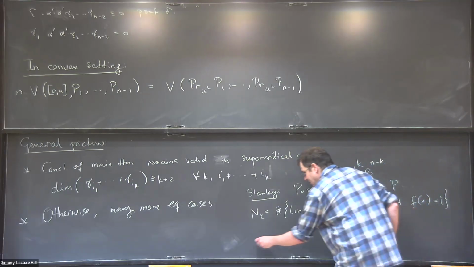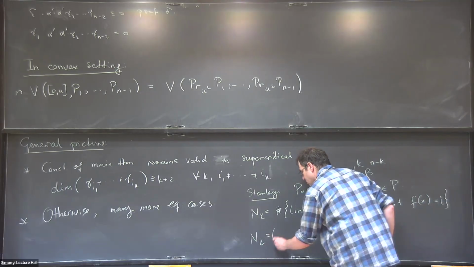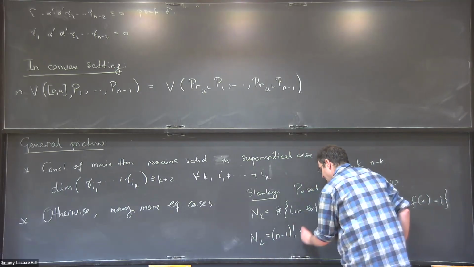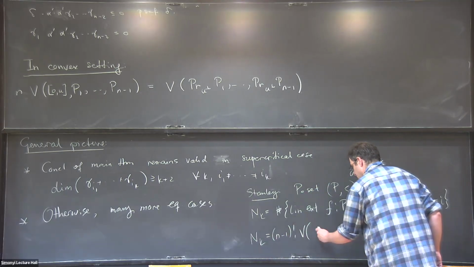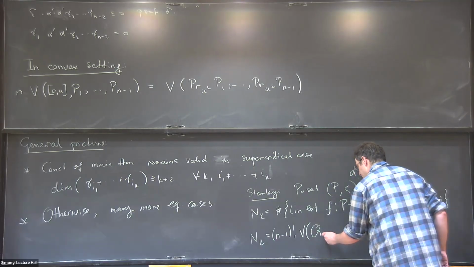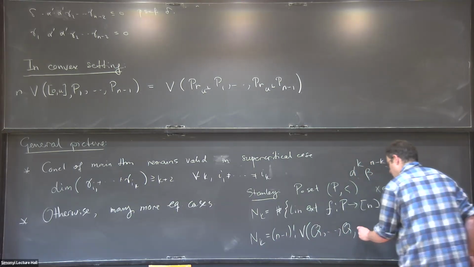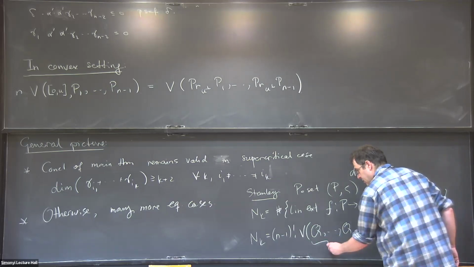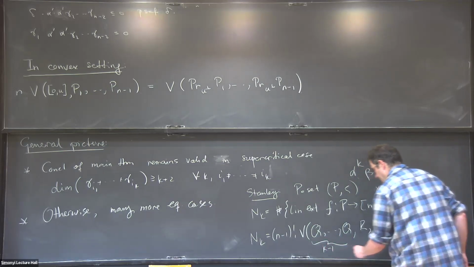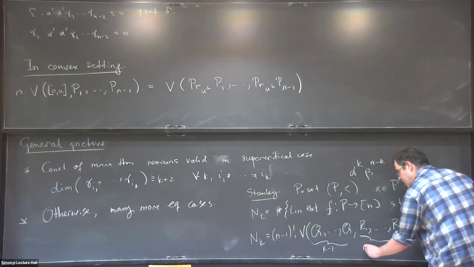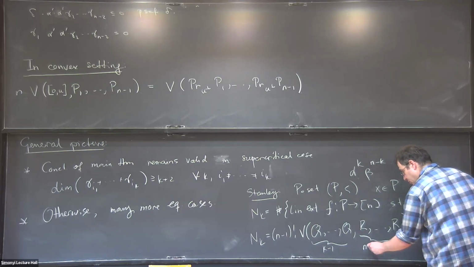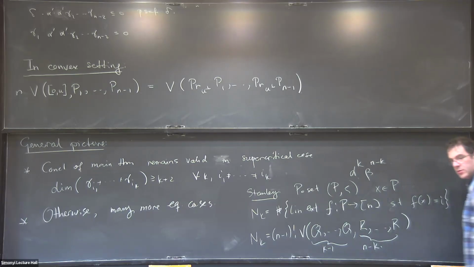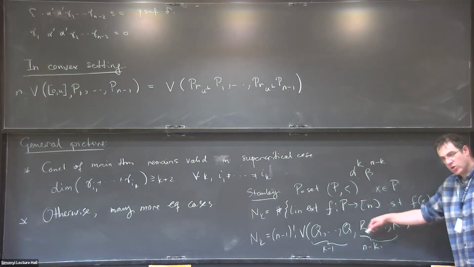And the way he proved that is just to realize that n_k is equal to (n minus 1) factorial times the mixed volume of some polytopes Q and R, where these are repeated k minus 1 times, and these are n minus 1 dimensional polytopes. So he just cooked up some polytopes.